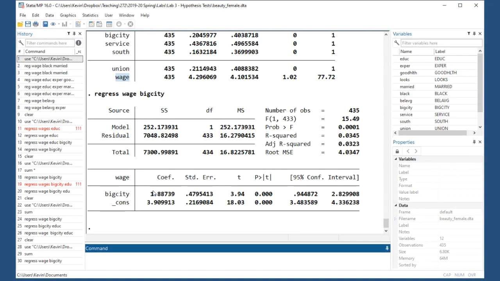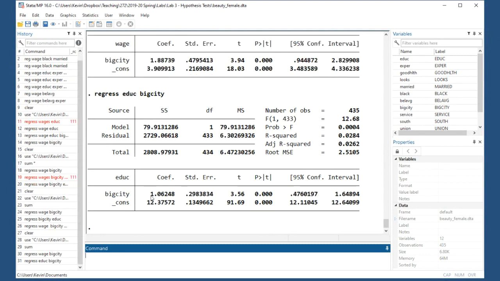However, it's likely the case that we're not comparing apples to apples here, that people who tend to live in a big city tend to be different on other dimensions than people who don't. One of those dimensions might be education. I would expect that education would be positively correlated with living in a big city. We can check that quickly by regressing education on big city.